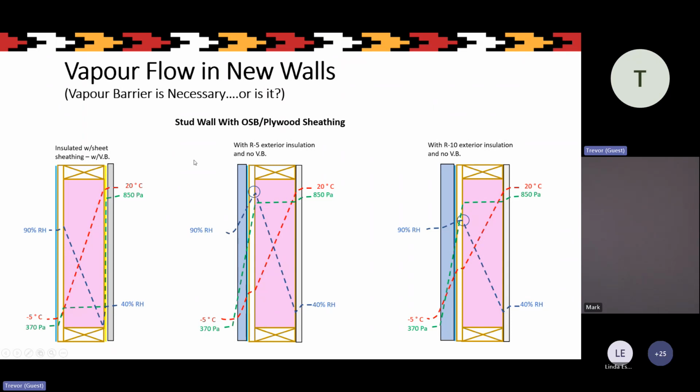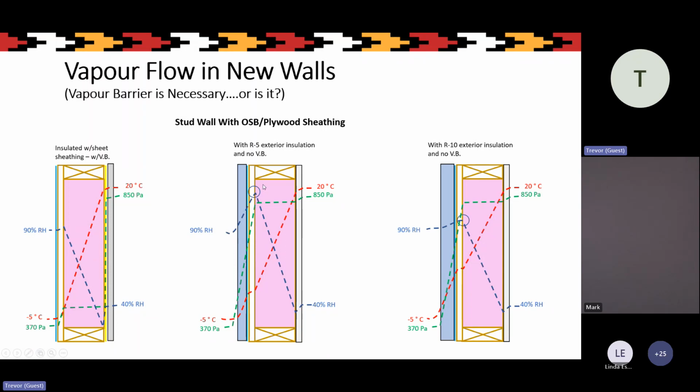Or there's another way we could do it, which is to start adding exterior insulation to the outside, warming up our condensation plane. If we were to add just a little bit of exterior insulation, let's say in Winnipeg, if we were to add R5 exterior insulation in Winnipeg, we do warm up this surface, but probably not enough to avoid condensation.